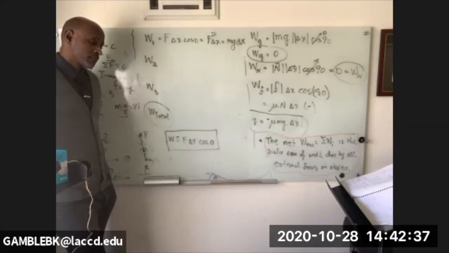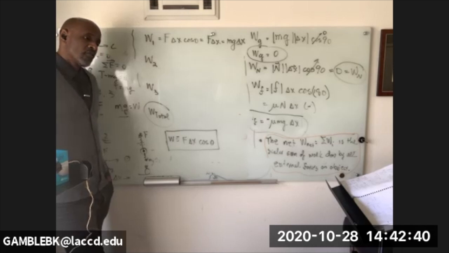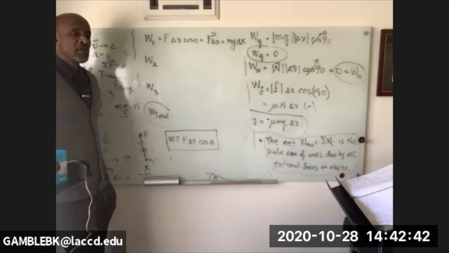I thought everybody had calculus already. What ways can you multiply two vector quantities? Nobody?